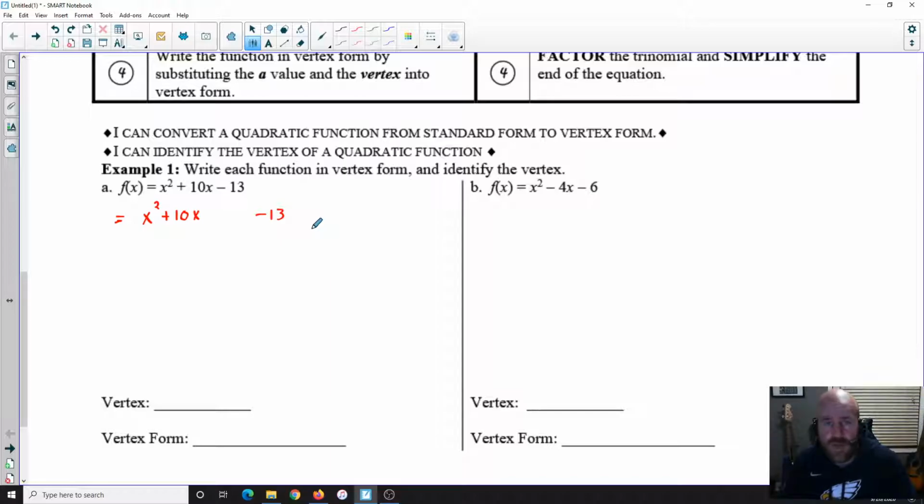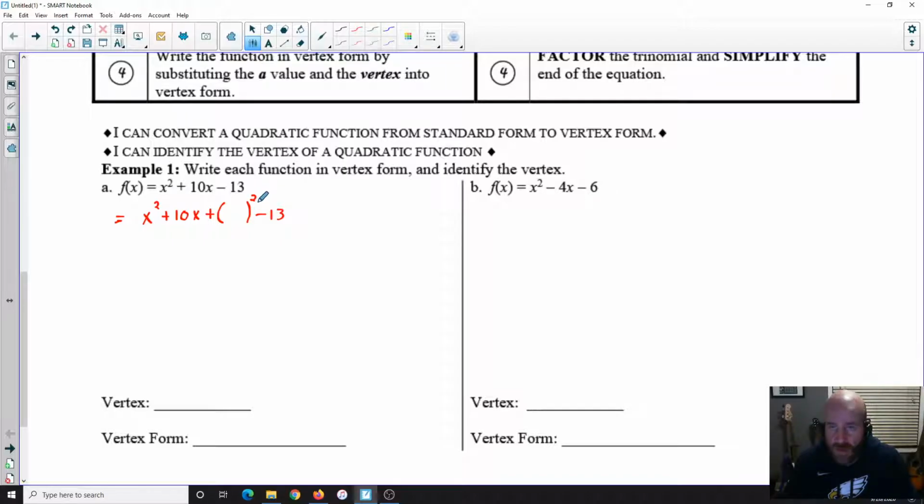Now the process for completing the square is this. I'm trying to find a perfect square trinomial, so that when I factor it, I can write it as a binomial squared, which you'll see in a minute. What we need to do is take the b value, which I will write like this for this first example only.